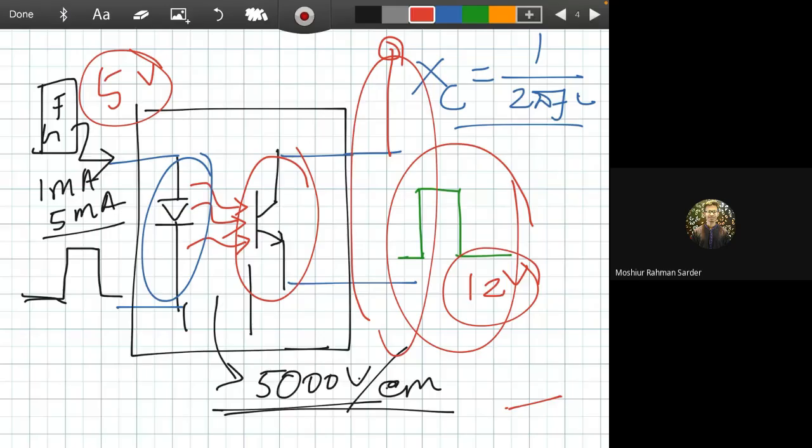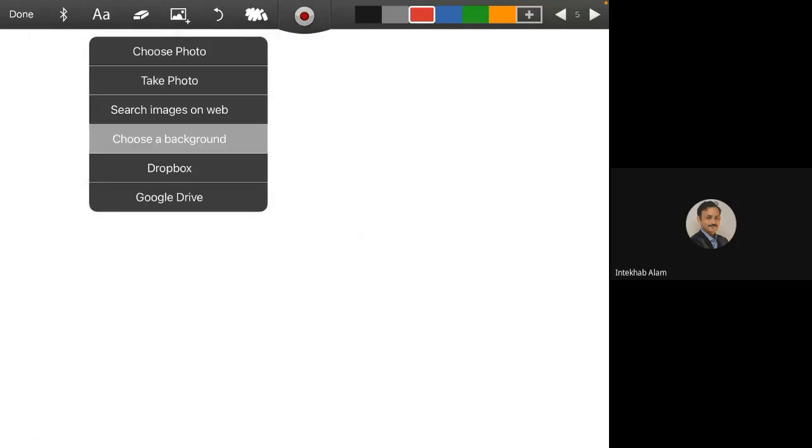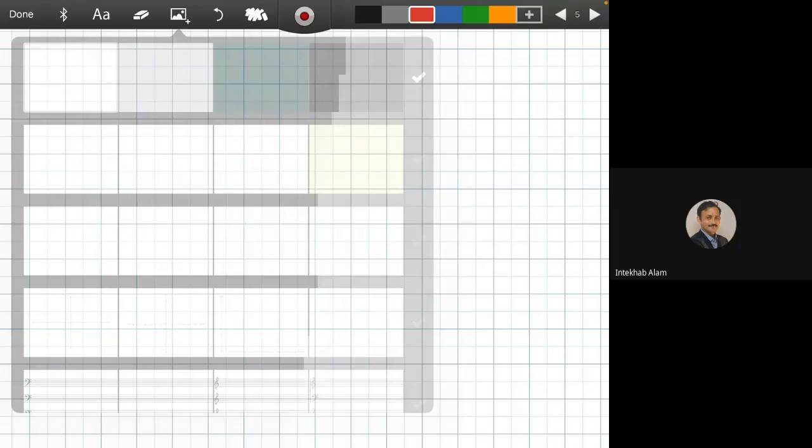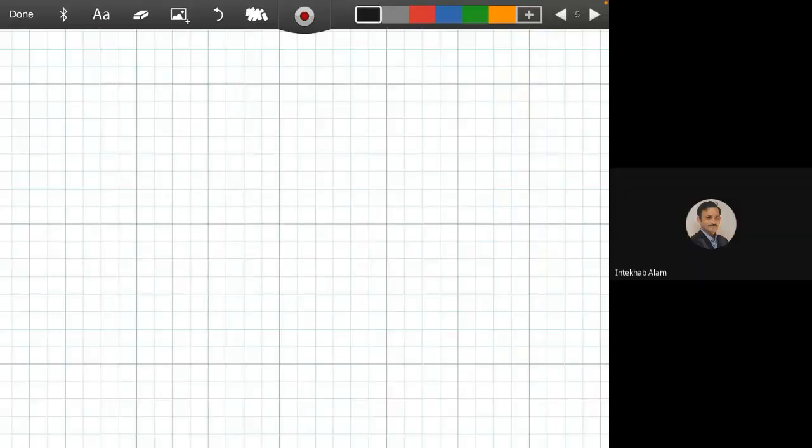Okay, it's a good point. So I will draw the whole circuit first. Then if I just complete the circuit, it will be much easier for you. It's a good question, no doubt. Let's start with a function generator. This is our function generator.